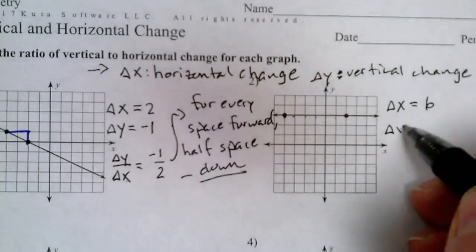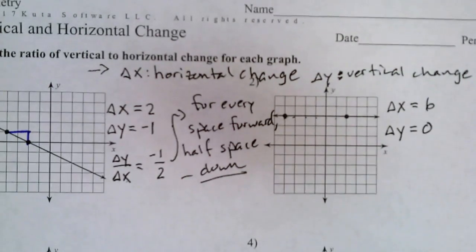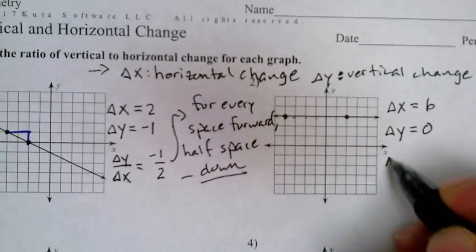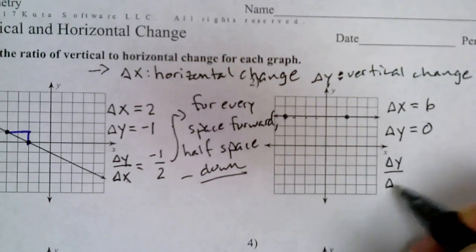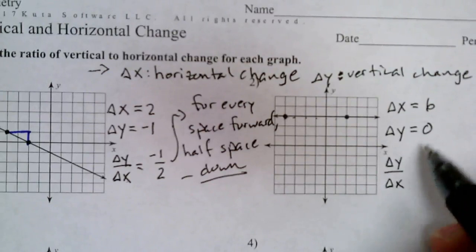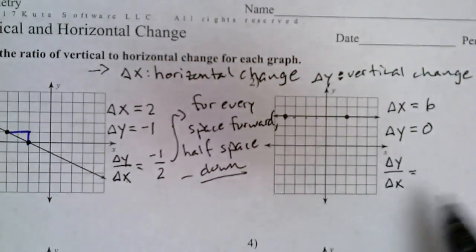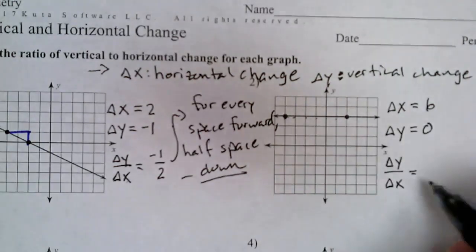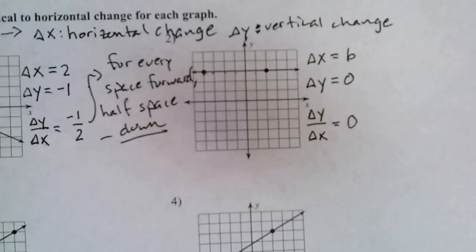Our vertical change, on the other hand, going from here to here, is 0. We're not moving up or down at all. So our vertical change per unit of horizontal change, since there's no movement up and down over the whole course of the 6 spaces, then for every space there's also no movement. So it's still a big fat 0 right there.